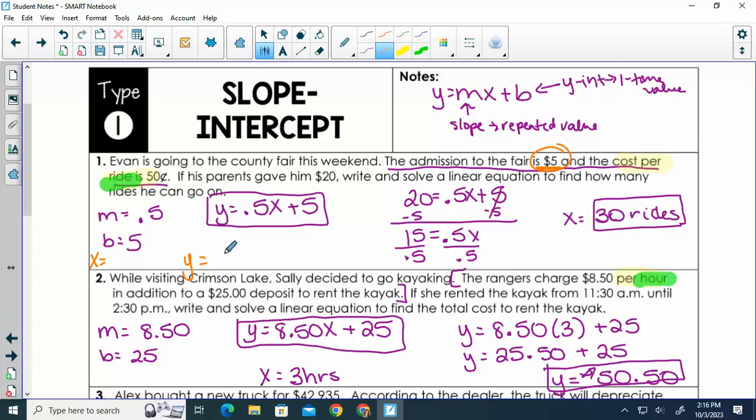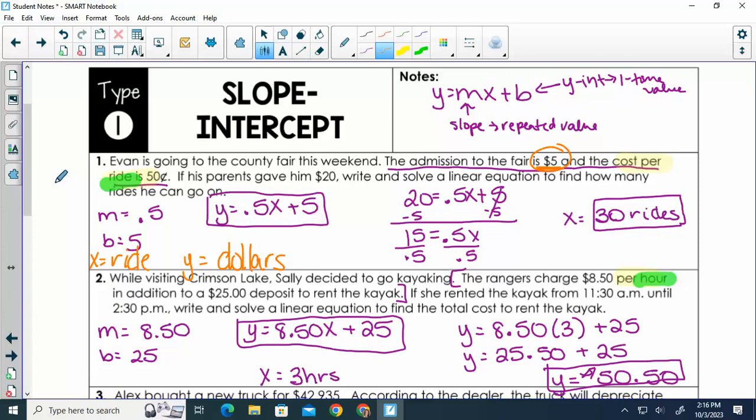Dollars. So my y here is the dollars. Okay, so then the other thing, we can look at the slope. I kept telling you, if you look at what comes after the per, that's the x, the cost per ride. So the x would be the number of rides here.